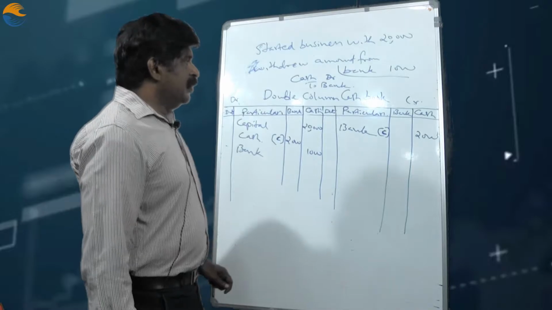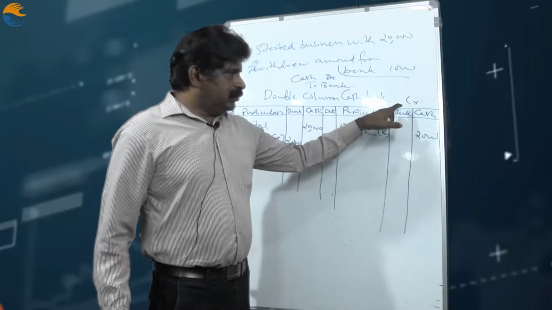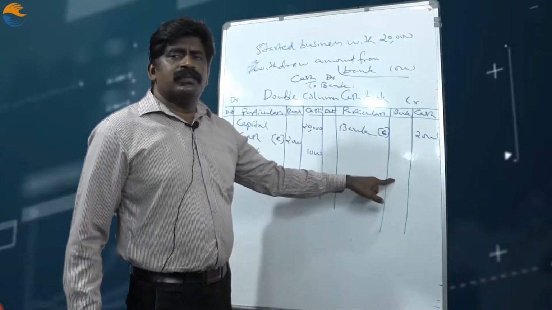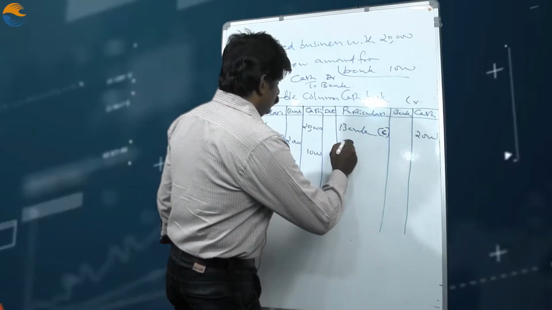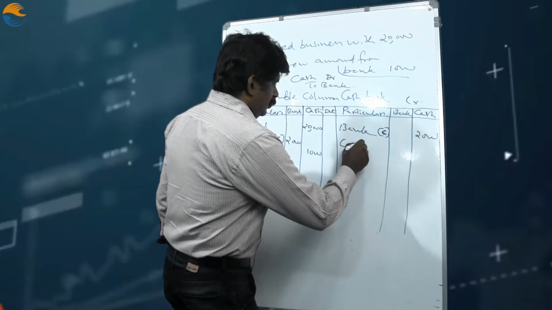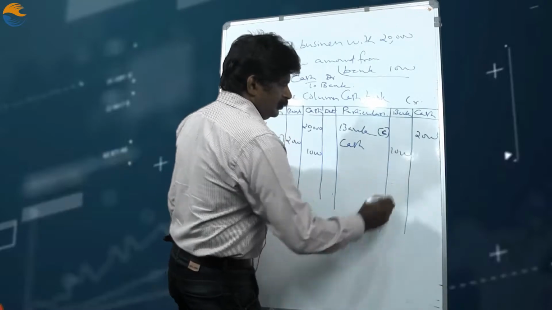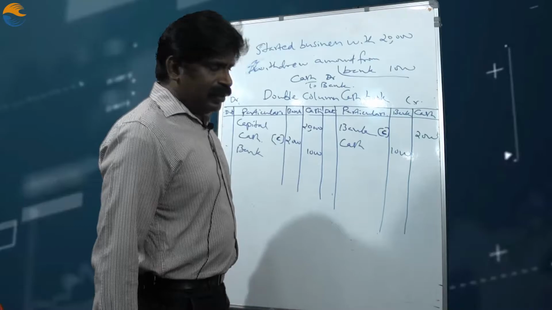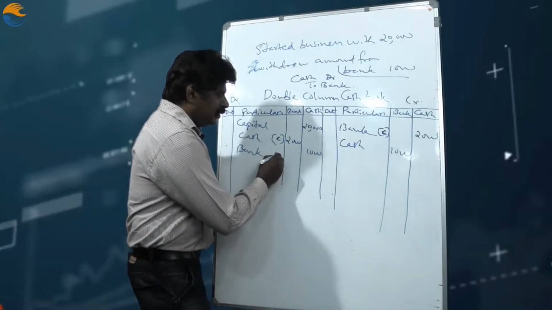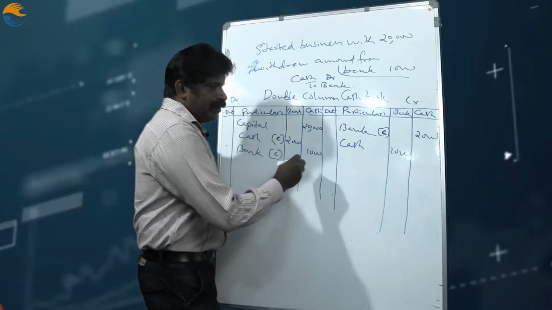Similarly, in the bank account, means in the bank column, we have to write as cash, 1000. Since both the sides were affected by this transaction, we just show C here, contra entry.